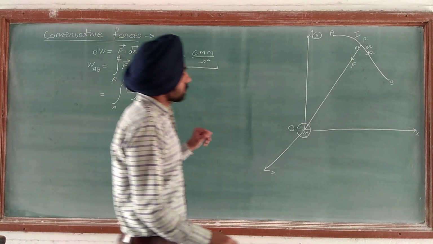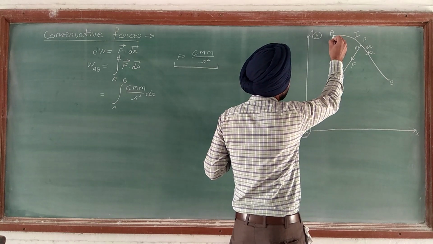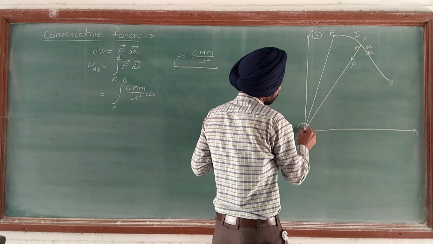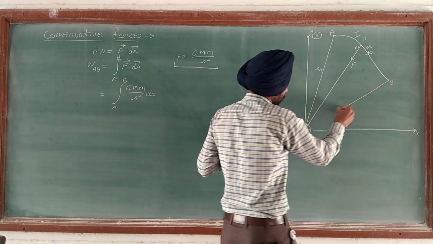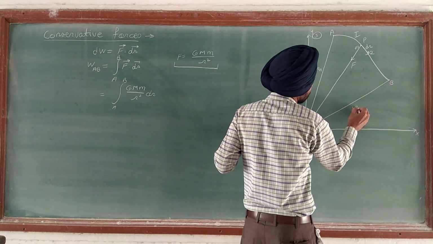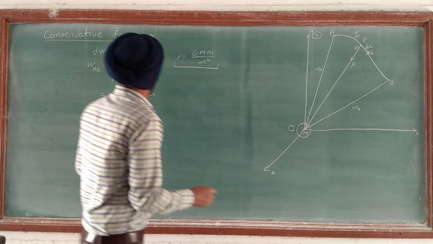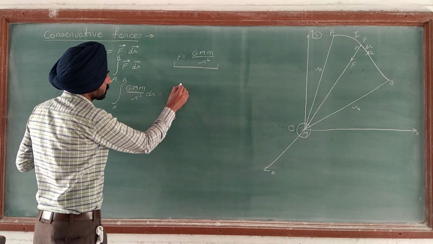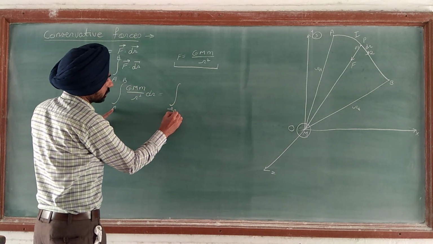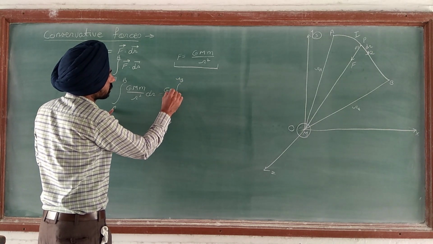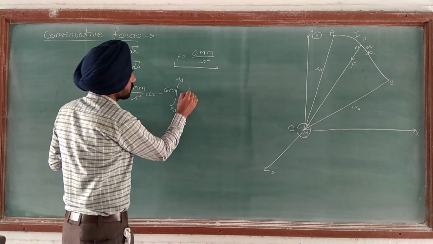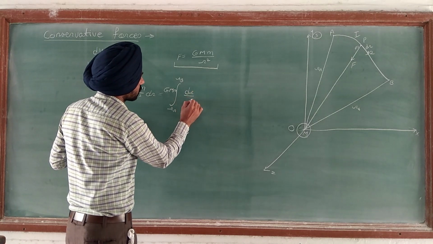Suppose the position vector of point A is Ra and the position vector of point B is Rb. So it's better to write the limits here as Ra to Rb. G is constant, capital M is constant, small m is constant, so we have dr upon r square.